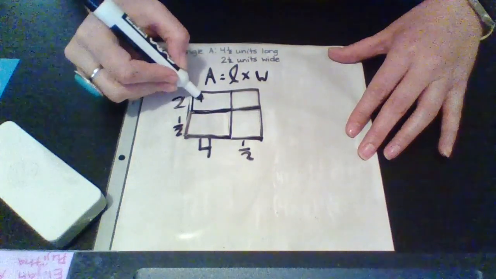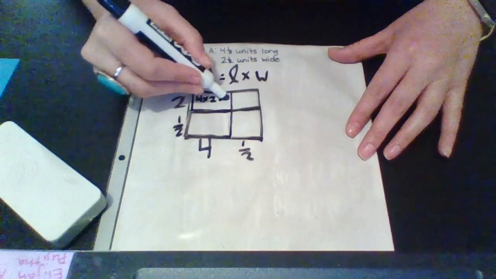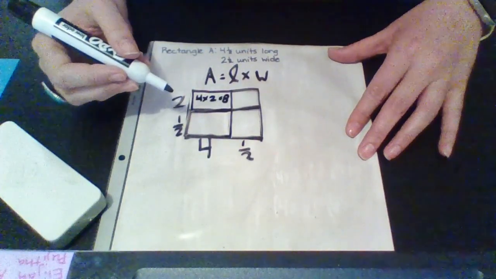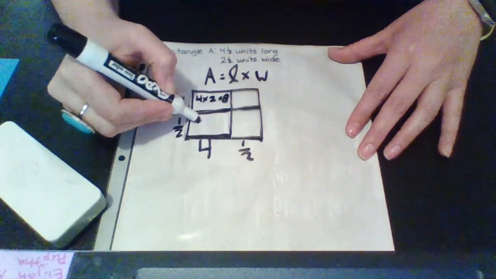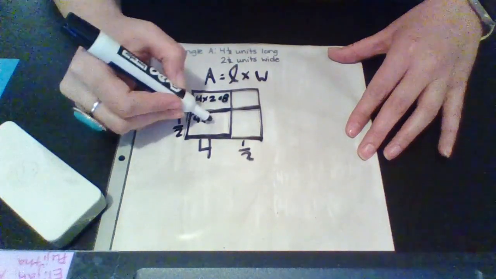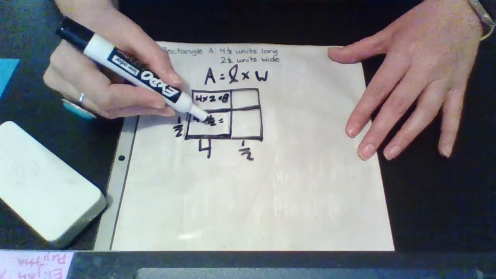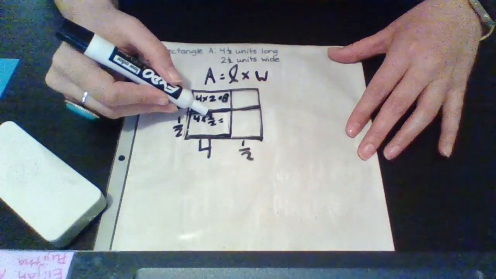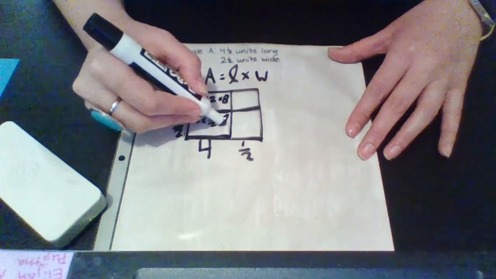My length here is 4 times my width, which is 2, and get an area of 8 units. This is 4 times 1/2, which we can multiply a whole number times a fraction. 4 times 1 divided by 2 is 4/2, or 2.